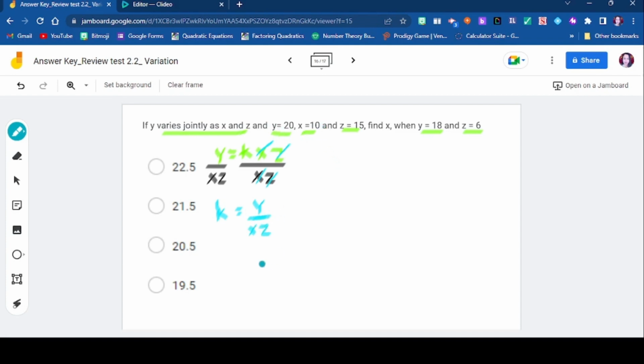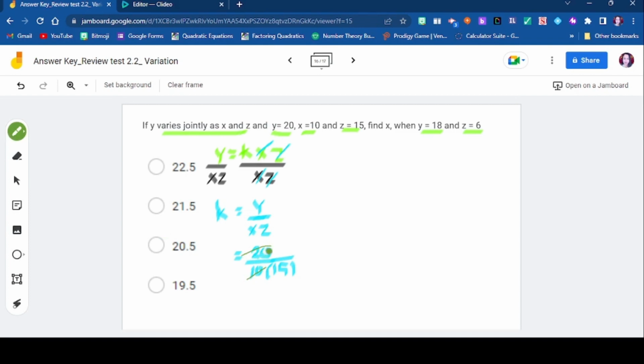So we are ready to substitute the given equation. We have y is equal to 20, our x is 10, then our z is 15. Observe properly: our numbers are divisible by each other, the 20 and 10.